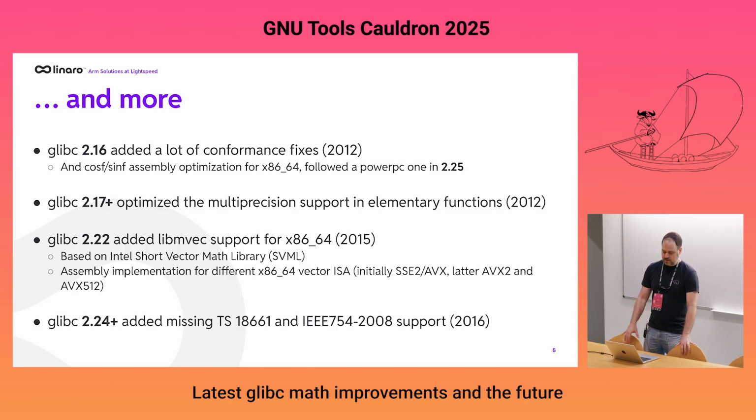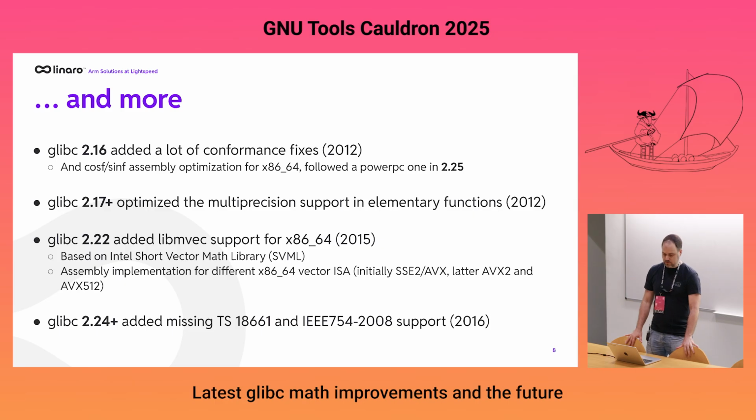And x86 did this initially, and PowerPC followed, using the same algorithm on 2.25. So this starts to create a lot of different assembly implementations for the same math function, and it can become a problem.